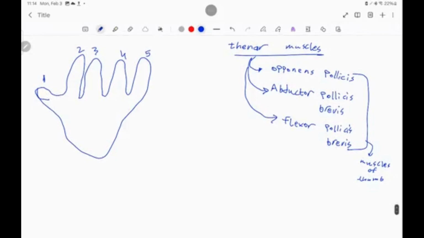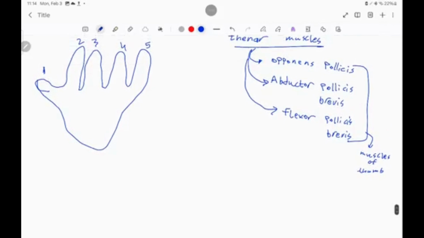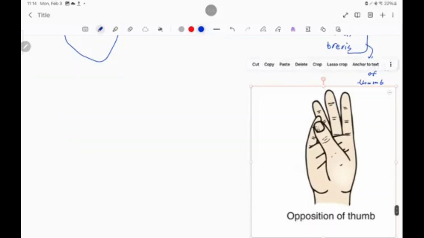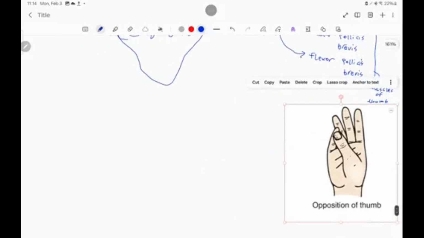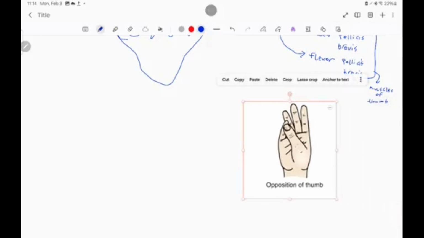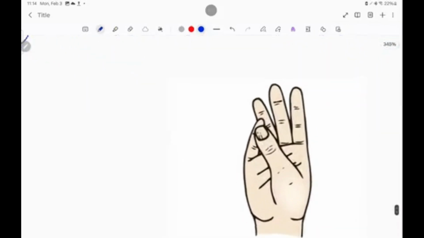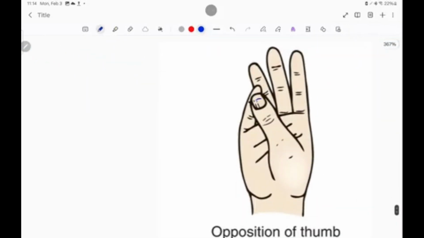Okay. So what is opponens pollicis? This muscle is responsible for this motion, opposition of the thumb, when we oppose the thumb with another finger.